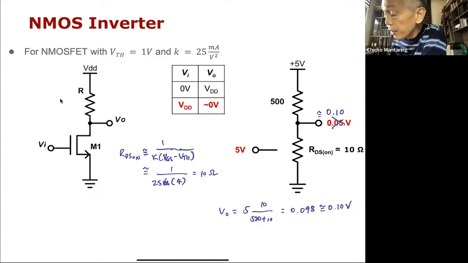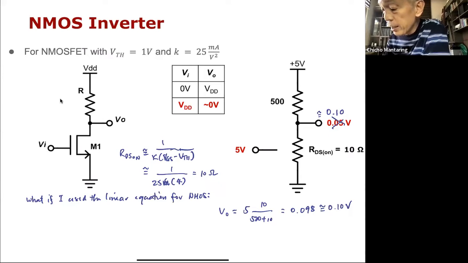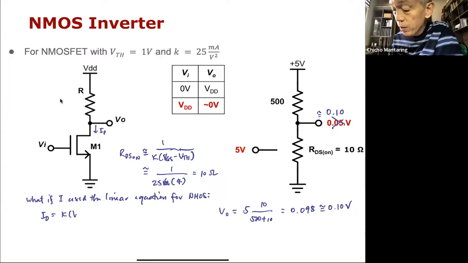Okay, what if I did not use RDS on? Ano kung hindi ko ginamit yung RDS on? What if I used the linear equation for the NMOS? So what is that equation? ID is equal to K times (VGS minus VTH minus VDS over 2) times VDS.